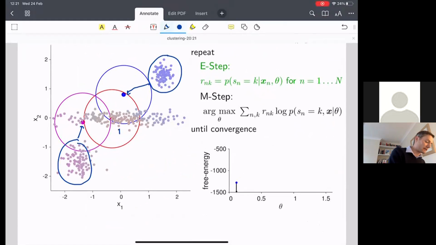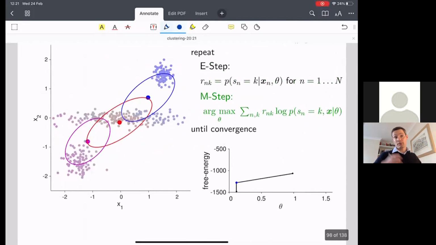And for all of the data points in the middle, we still don't really have a clear idea. Do they come from magenta, red, or blue? Because all the clusters overlap there, there's a good chance that they came from any one of the clusters, so they maintain their original gray color. And we've computed the free energy down here and plotted it. Okay, so that's the first step.